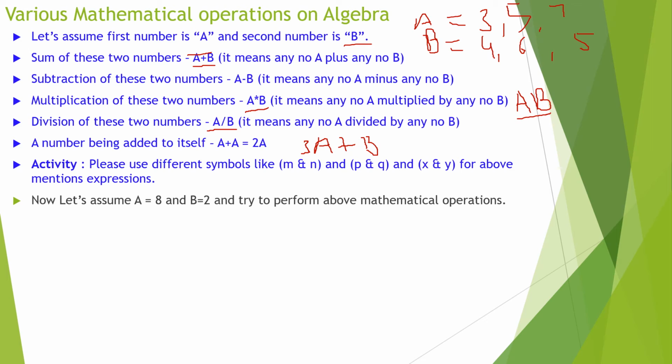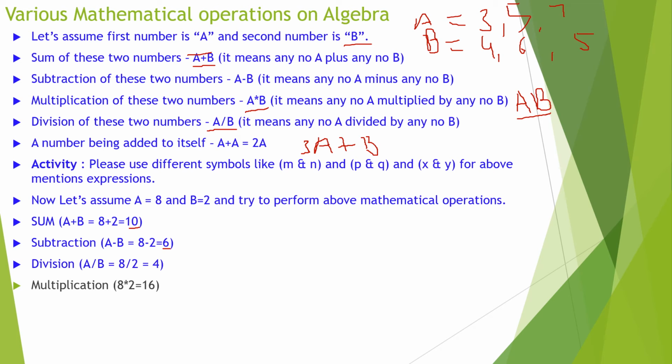So we can do this sum: A plus B, in place of A we have put 8 and in place of B we have put 2. The answer is 10. Similarly, subtraction, 8 minus 2 equals 6. In division, A upon B equals 8 divided by 2 equals 4.